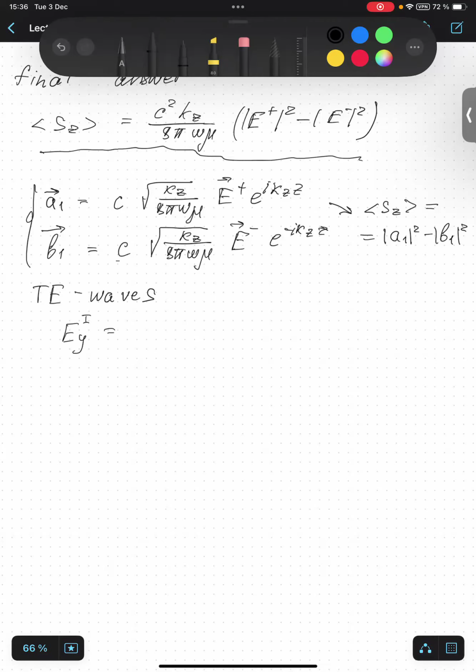Also, let's call it alpha minus 1. We will have alpha (A1 plus B1) e^{iKx}.